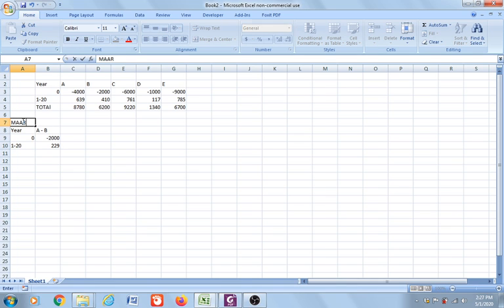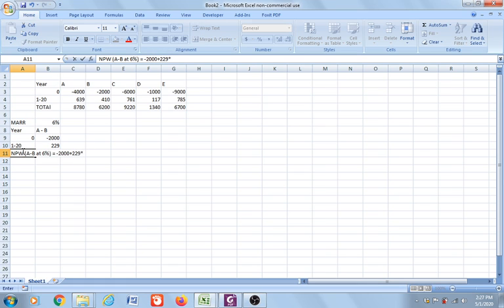Now, remember the MARR that we want is 6%. So the NPW of A minus B at 6% is what? So that's equal to minus 2000 plus 229 times, so it is an annual cash flow.